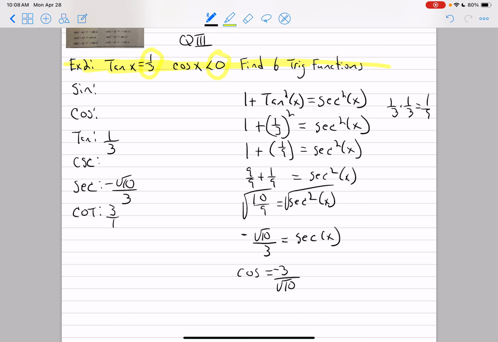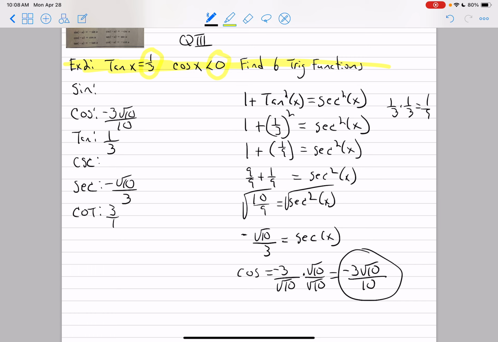I just flip them. Let me go ahead and rationalize that because I can't have a root in the denominator. I end up with negative 3 root 10 over 10. Cosine is negative 3 root 10 over 10.